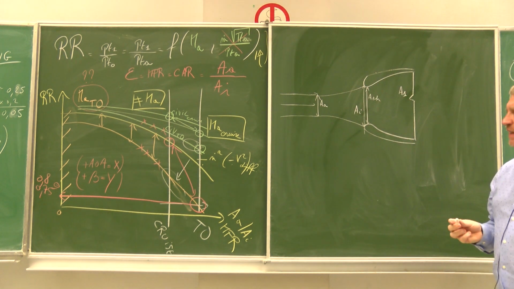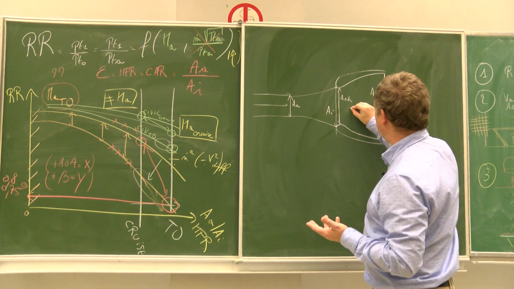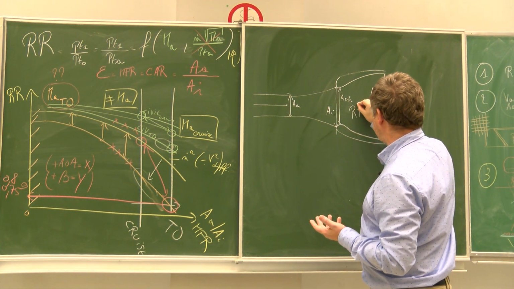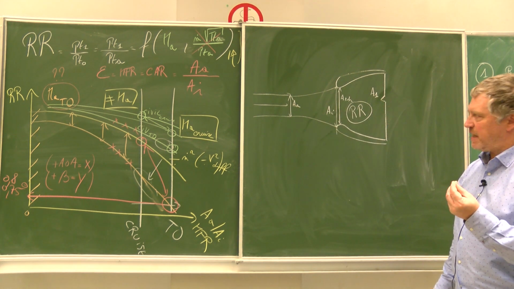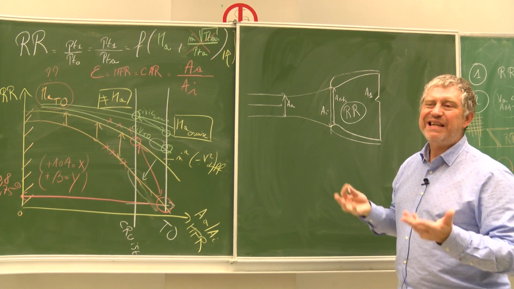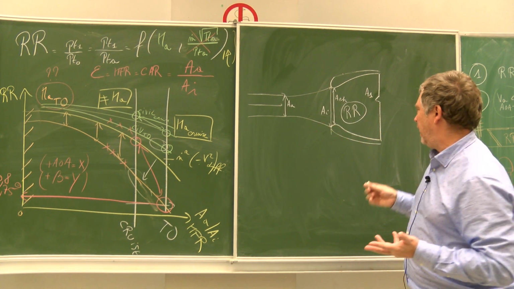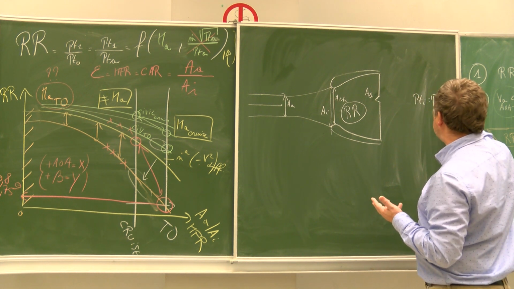Everything I have discussed until now was related to the ram recovery, and the ram recovery is linked with the physical intake. The ram recovery in the non-physical intake is equal to 1. We have said that PTI is equal to PTA.